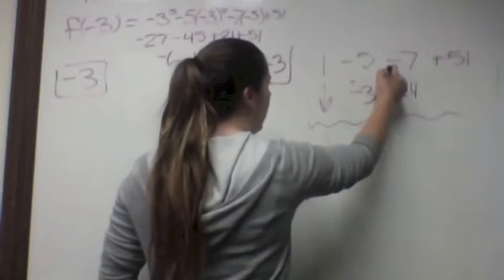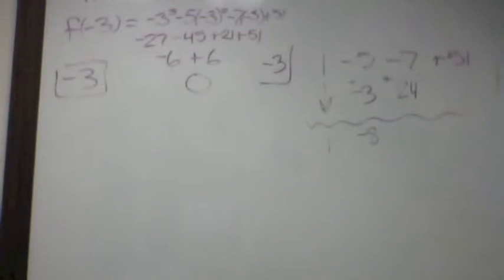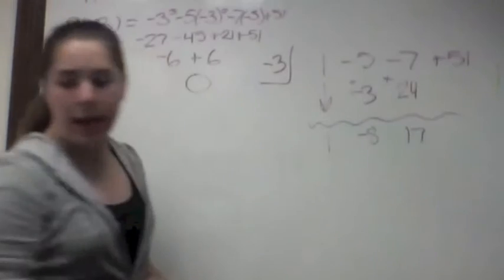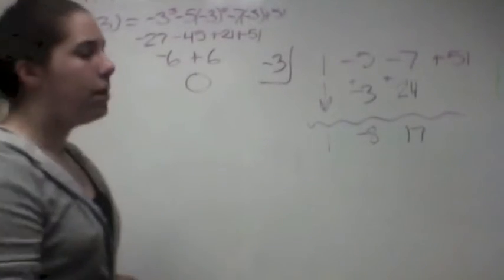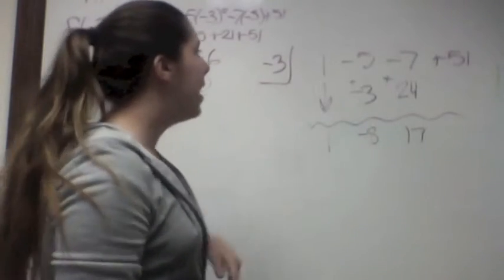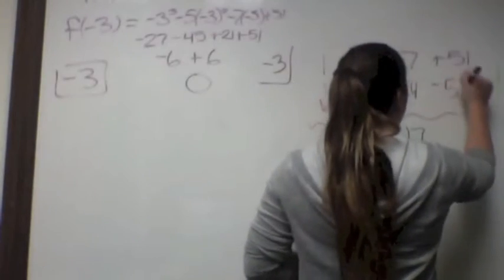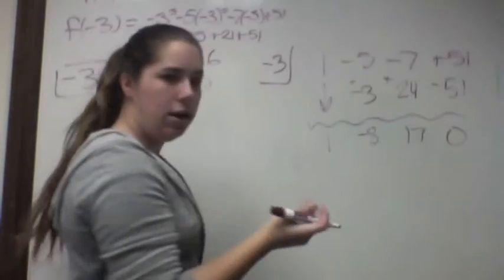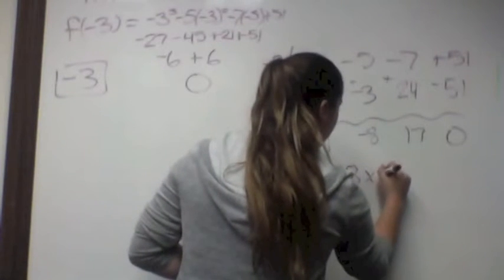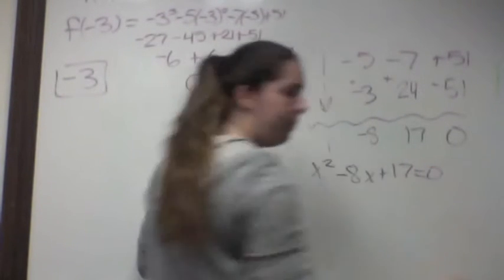Negative 8 times negative 3 is 24, plus negative 7 is 17. And 17 times negative 3 is negative 51, which added to 51 is 0. So our new problem is x squared minus 8x plus 17 equals 0.